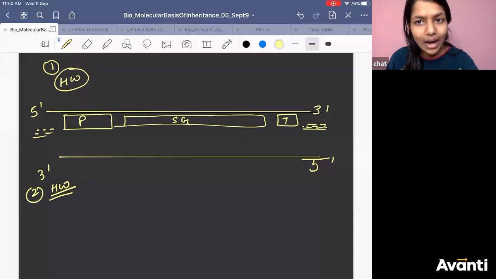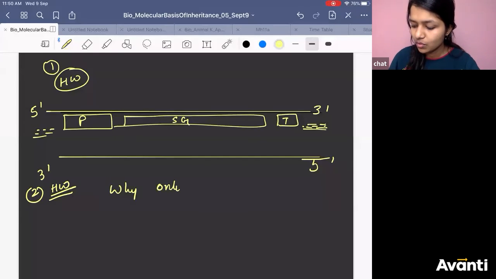Why only one DNA strand acts as template?